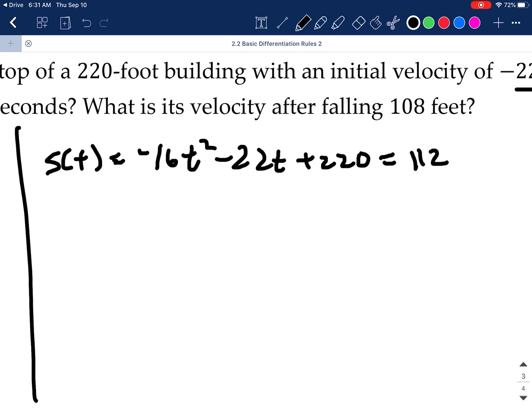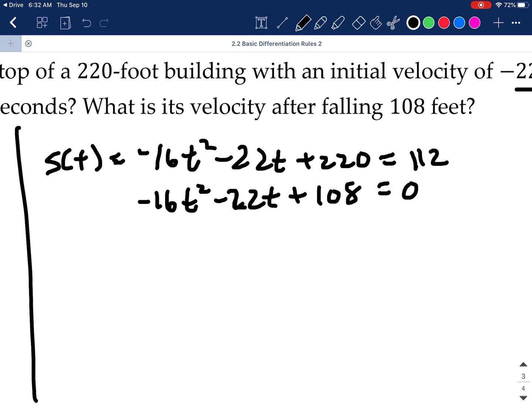So we can subtract 112 over and we'll get plus 108. Now we can try to figure out what the velocity is after it's fallen this far, but we need to figure out what is the time t where this is true.